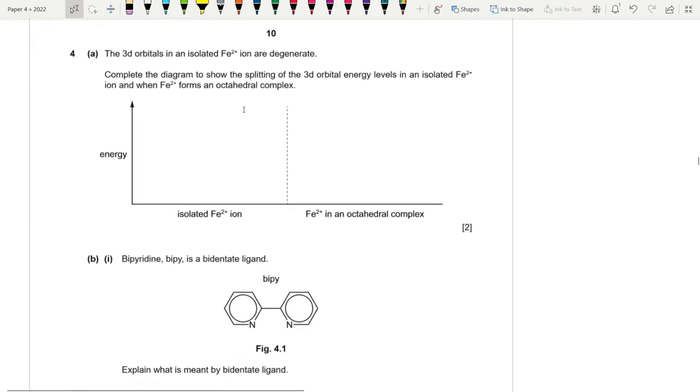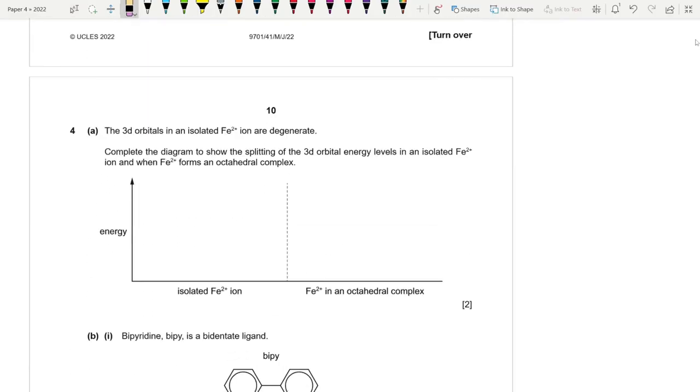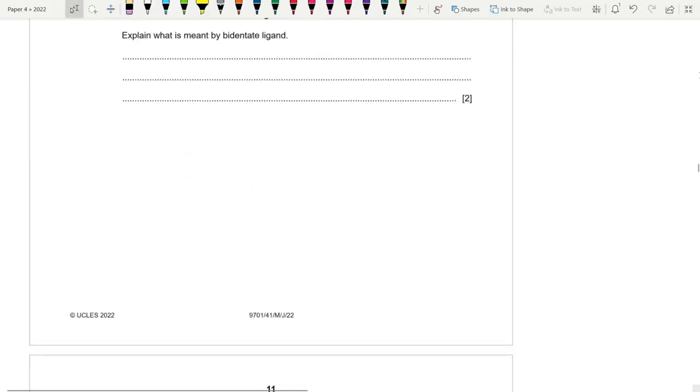Moving on to 4. Okay, so for 4, the 3d orbitals in an isolated Fe2 plus ion are degenerate, which means having the same energy level, right? So iron is 26 actually. You can see that from the periodic table. Here you go. It's 3d6 probably.